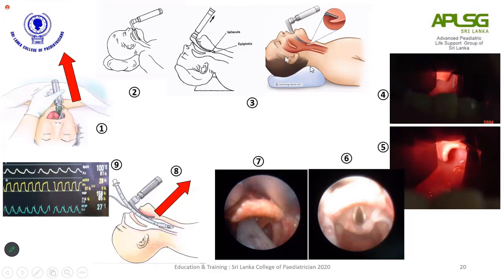That's why another person needs to apply cricoid pressure as shown on this picture. By applying cricoid pressure, the epiglottis and the airway will be more visible. So once you visualize the epiglottis and the airway, you know that you are in the correct place.